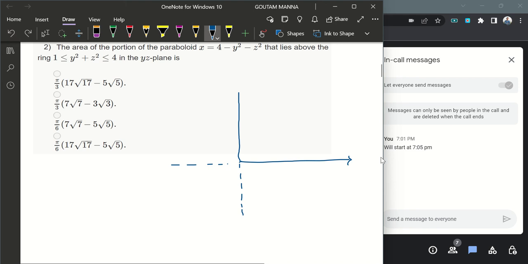So this is the yz plane. So then the ring, this is basically in this yz plane, the radius of the ring. So let's call it rho square, radius square. So rho should be between 1 and 2.